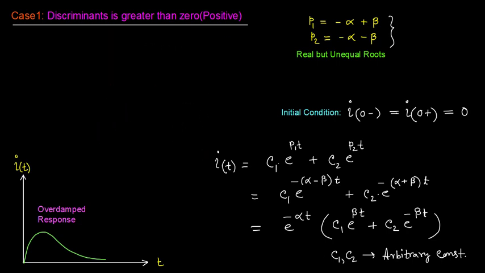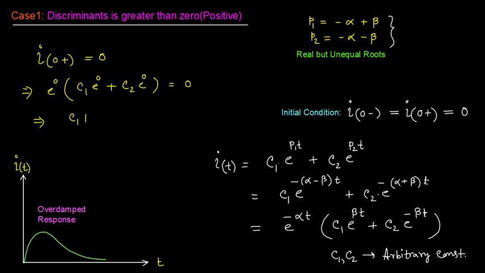So, if we put I(0 plus) equal to 0, let us put t equal to 0 here. So, we get e to the power 0 equal to 1 multiplied by C1 into e to the power 0 plus C2 into e to the power 0, that is equal to 0 also. So, finally we get C1 plus C2 equal to 0.